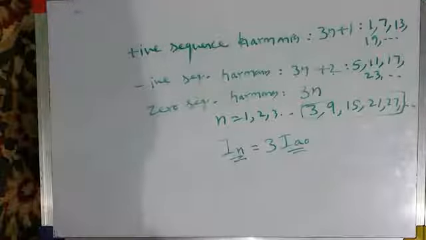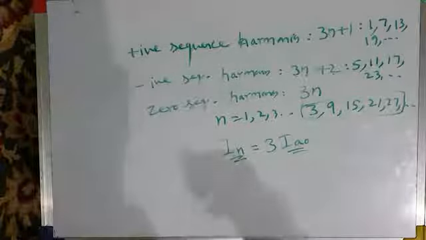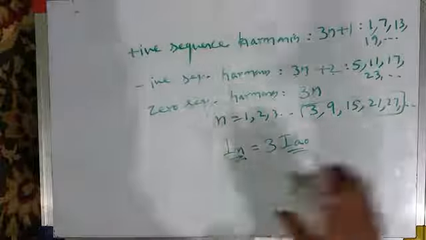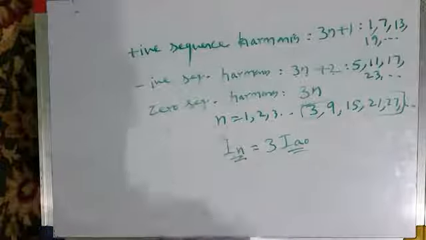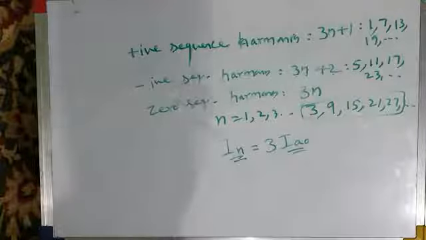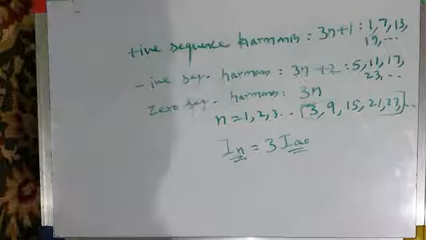But those non-triplen harmonics, as we have proved mathematically just a few moments back, do not go into the neutral. They flow only in the lines but not in the neutral conductor. It is the third and triplen harmonics which flow in the lines and add up, and after adding up they flow in the neutral conductor, making neutral current nearly equal to line current.